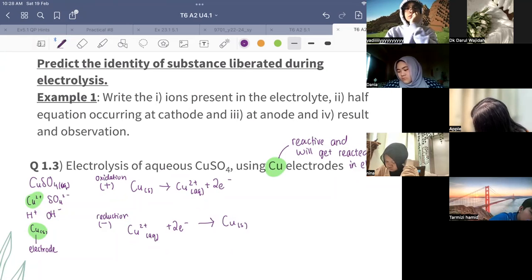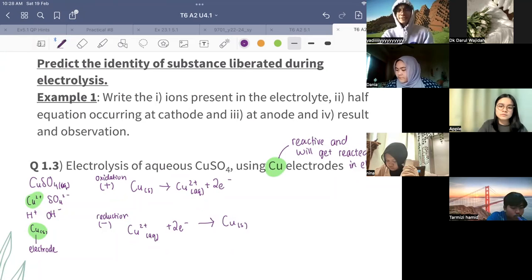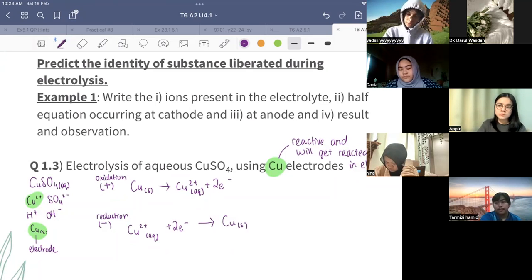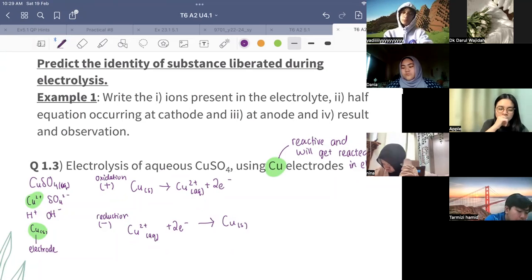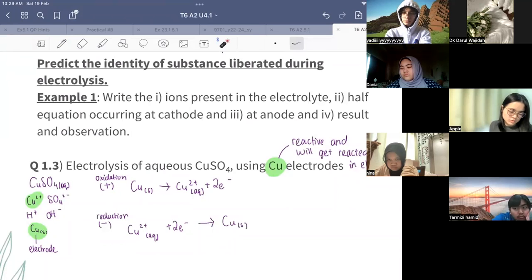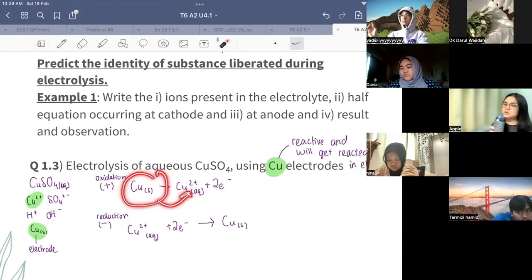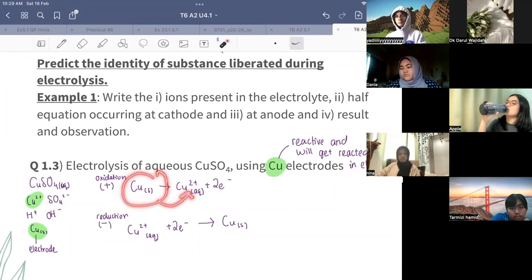Are you all okay with this? So that's the only problem with using a reactive electrode, that it will get involved in the reaction. The metal will react. So when the metal reacts, it is being oxidized from copper to Cu2+.